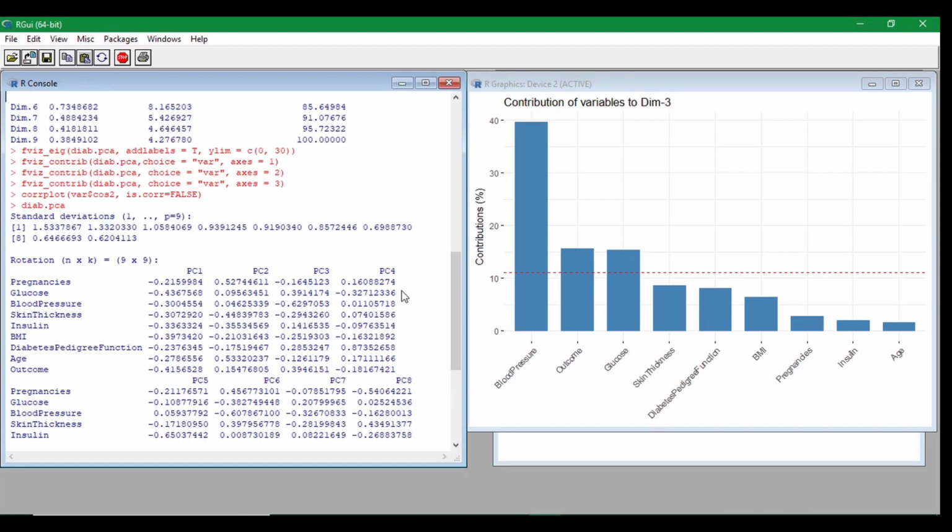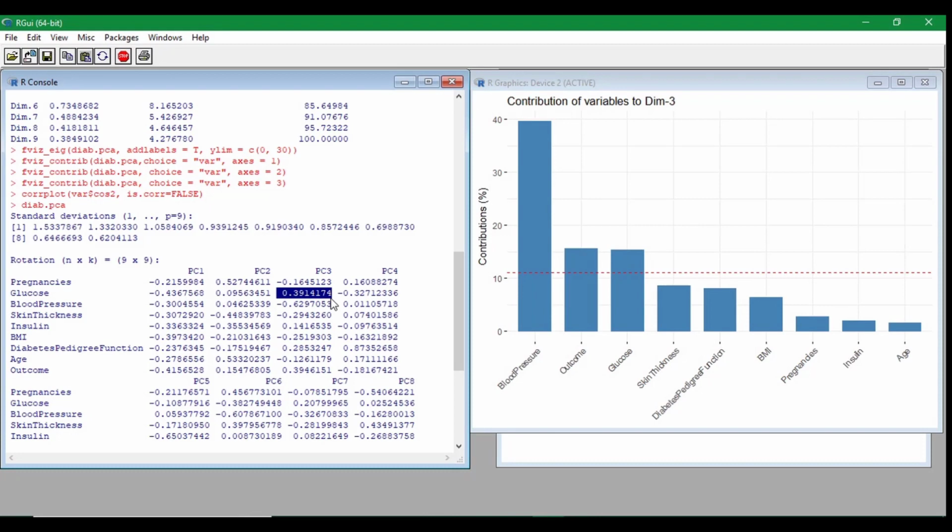Blood pressure is minus 0.629, outcome is positive with 0.3946, and glucose is also positive with 0.3914174. Now what this principal component is saying is that there's a relationship between blood pressure, outcome, and glucose.